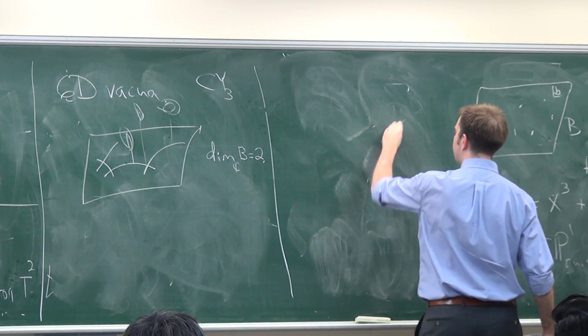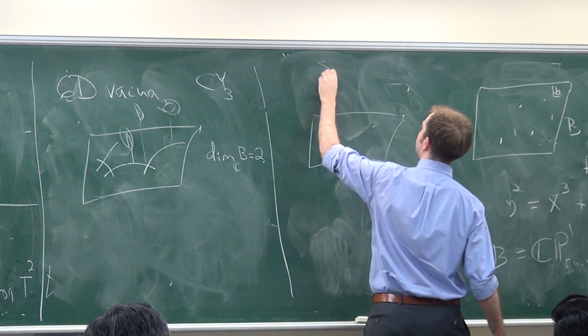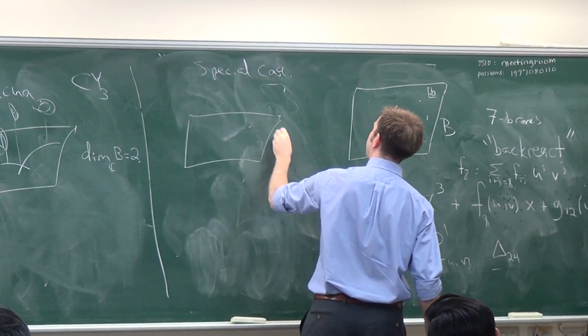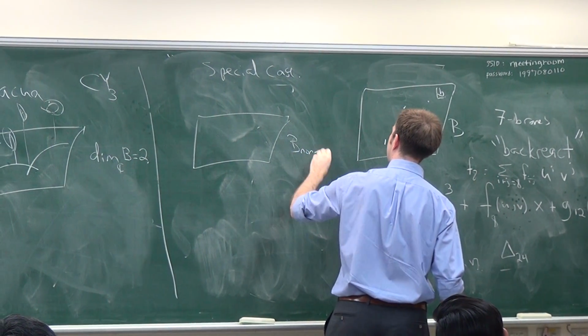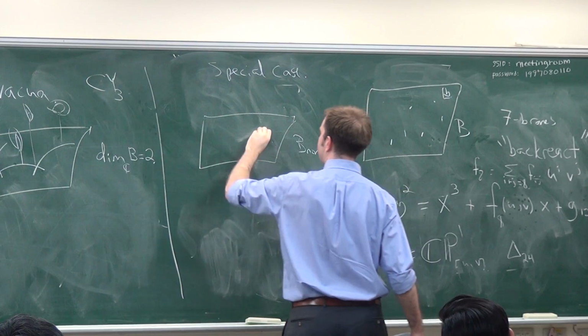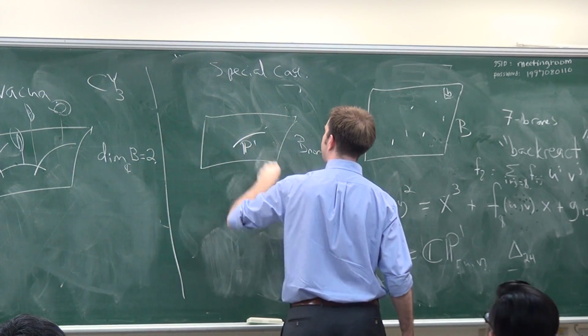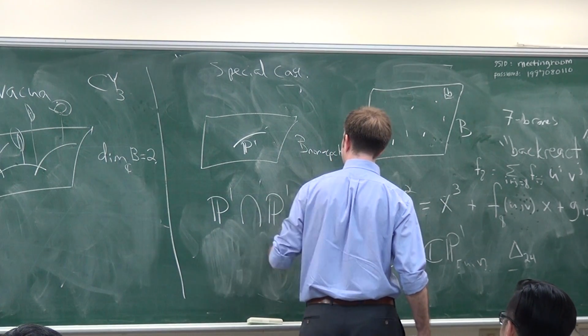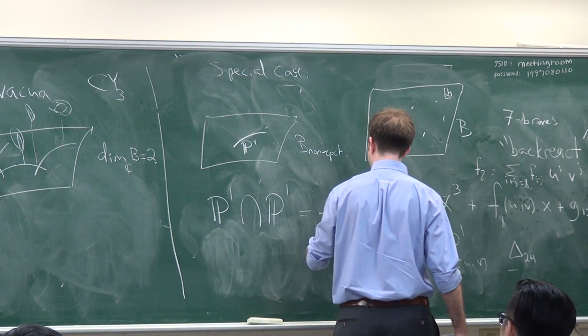So let's say that you have our base. So special case. Let's take B to be non-compact. And let's imagine that we have a single curve, a CP1, and this CP1 has the property that it has self-intersection minus n.